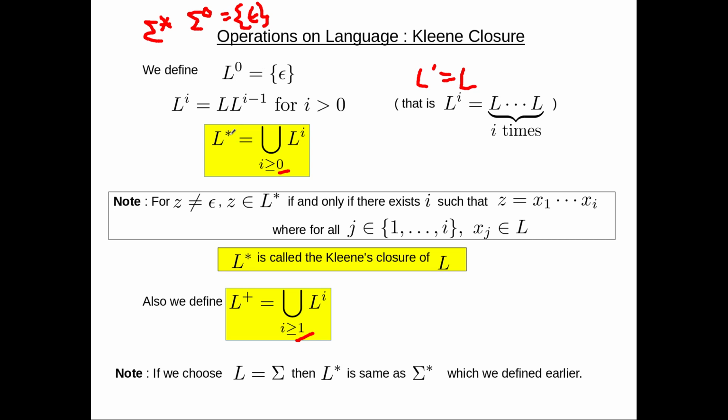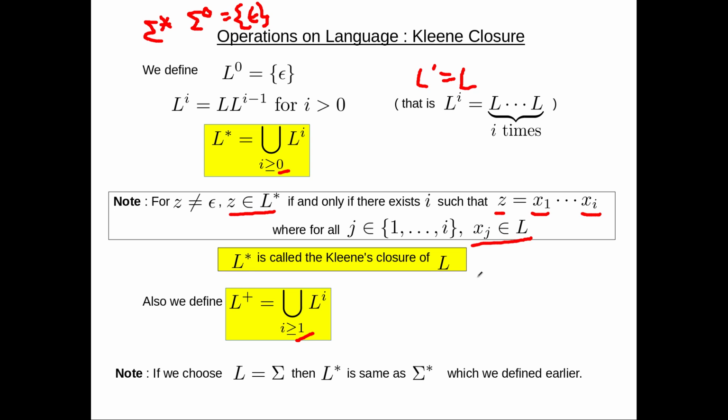If you take any non-empty string Z in L star, this Z will look like some x1, x2, up to some xi, where each of these x1, x2, whatever, xj, are strings in L, right?